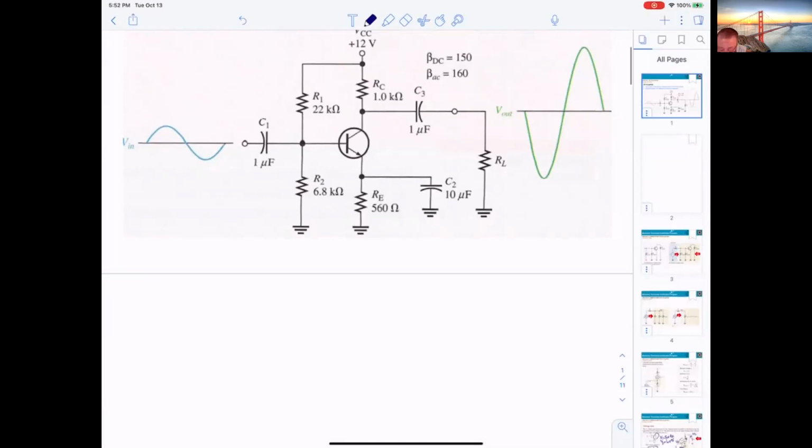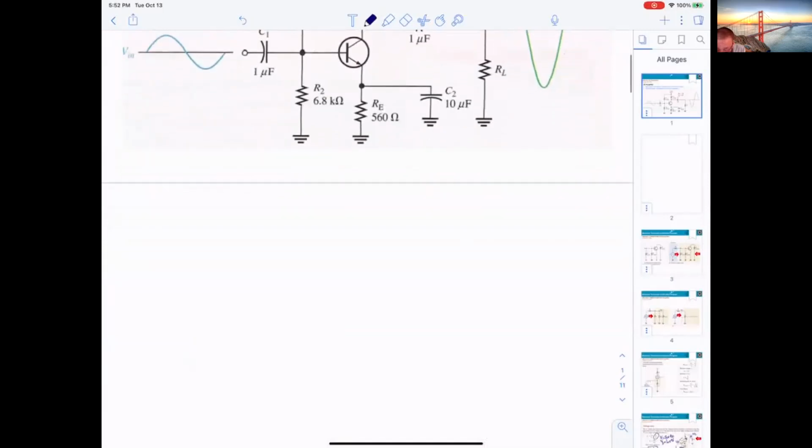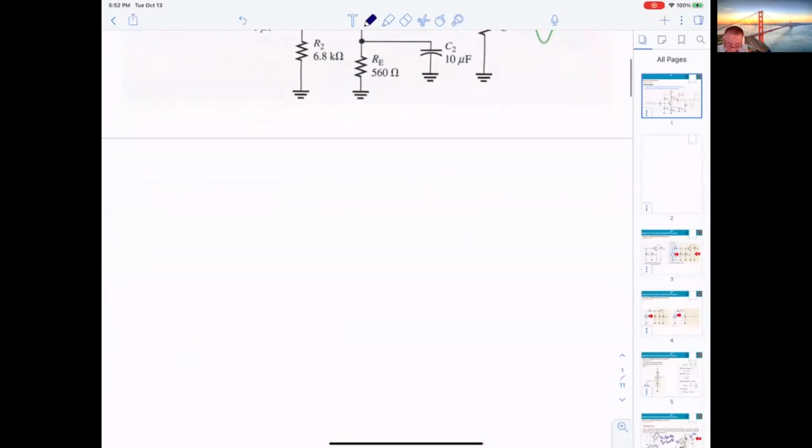On this circuitry, I want to know what the Z out is.